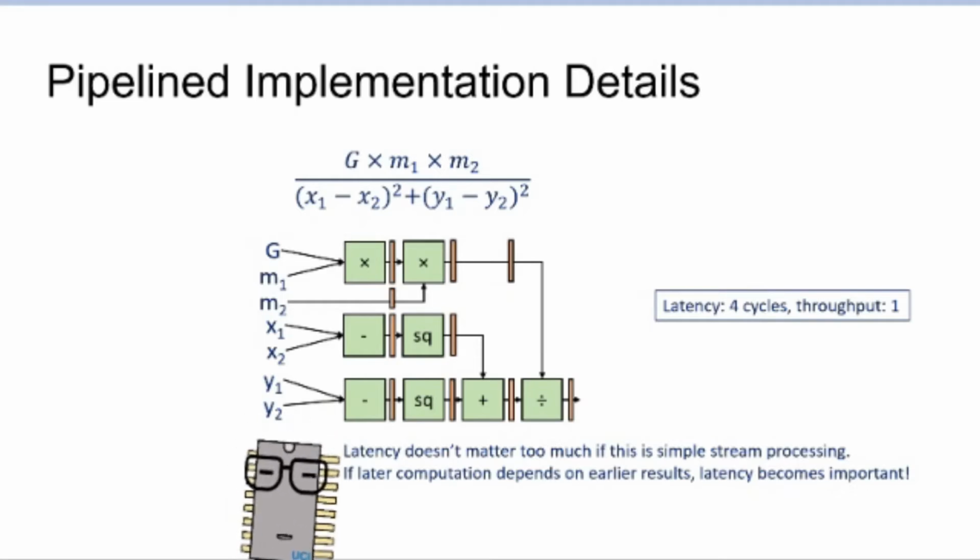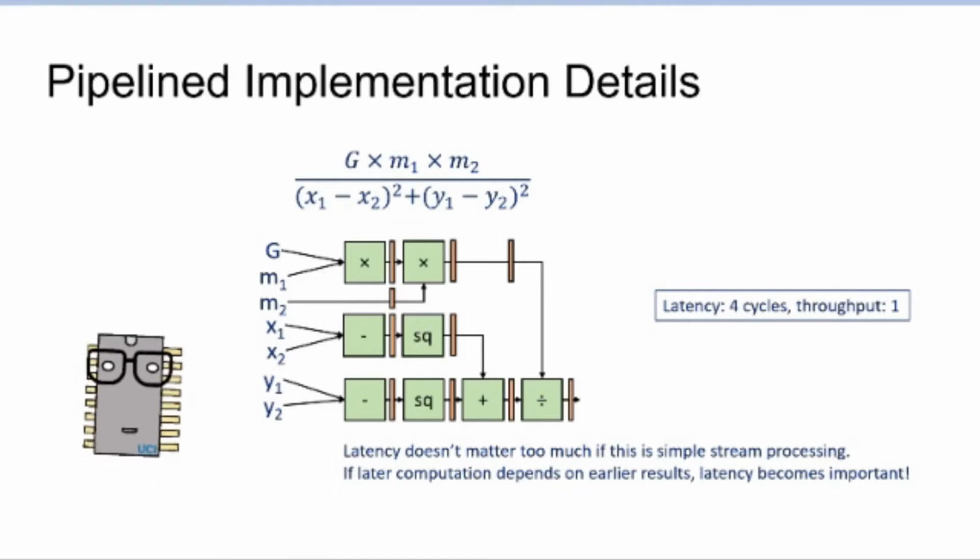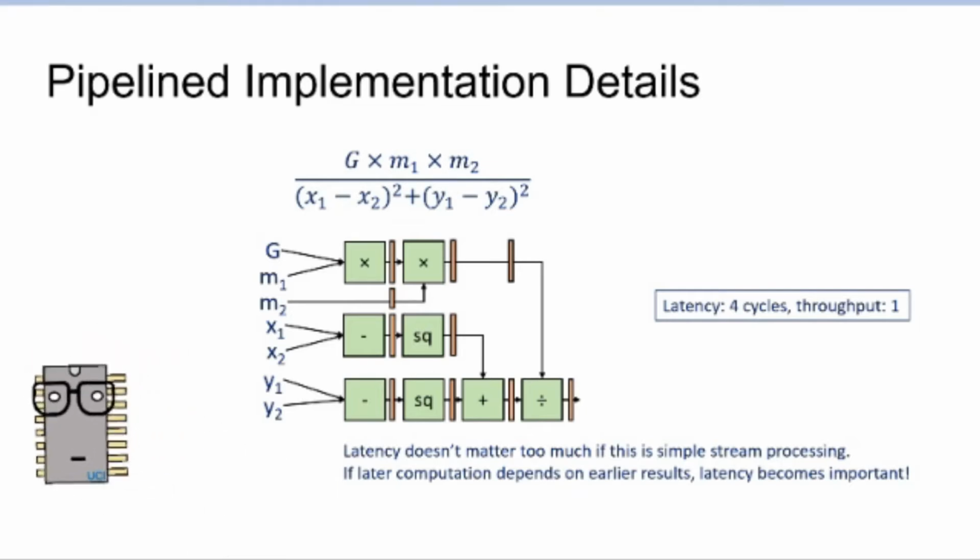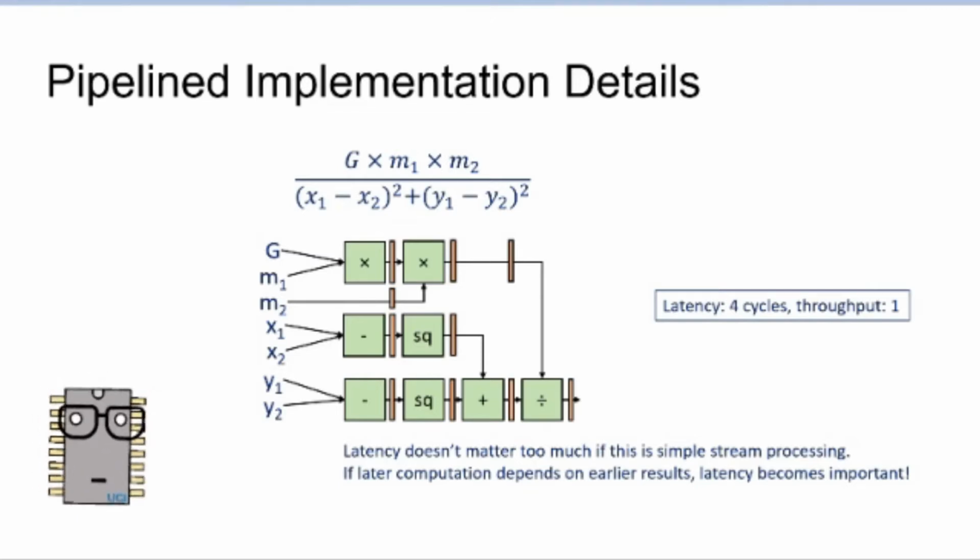But if later computation depends on earlier results, if there's a tight feedback loop, for example, if you're working on an accumulator and we have to have the output of the adder before we push in the next value to add, then something like this can become important. So these are 2 different instances of ways to implement this simple example, in a spectrum of different ways of implementing it.